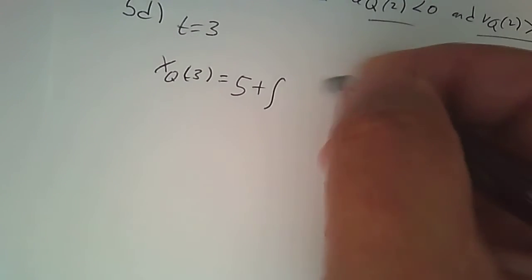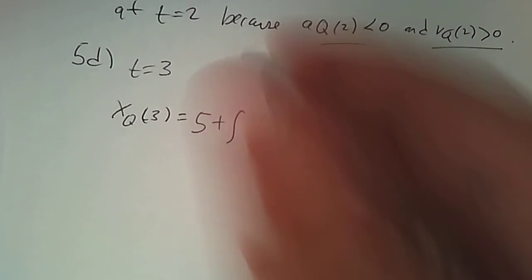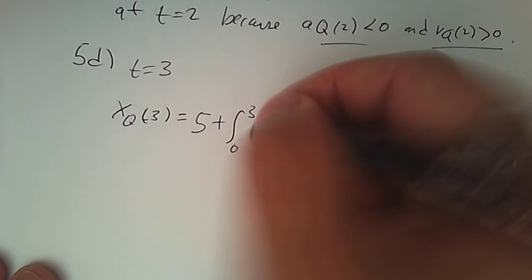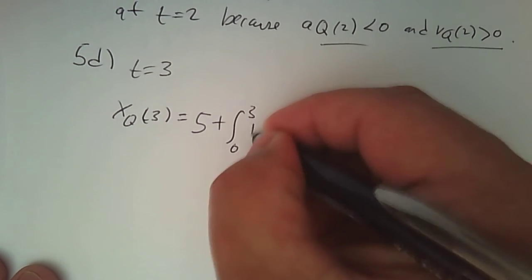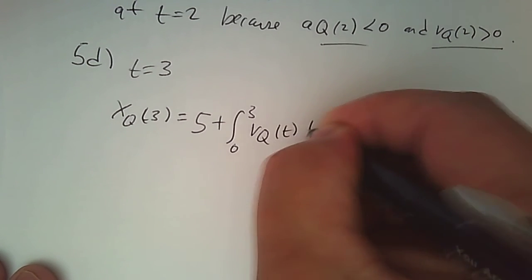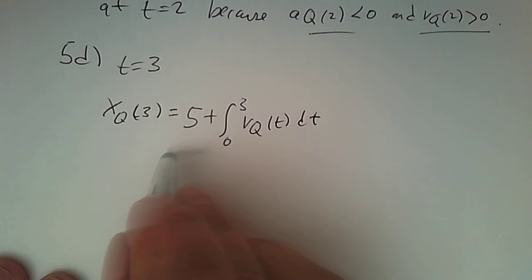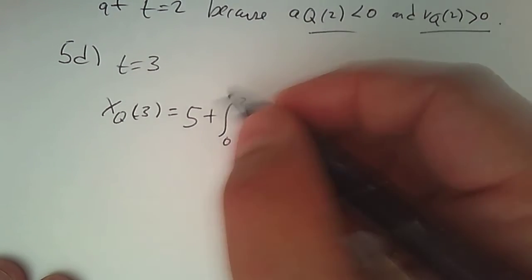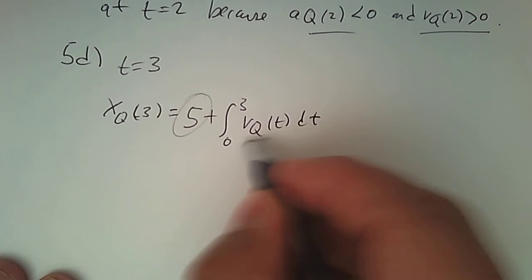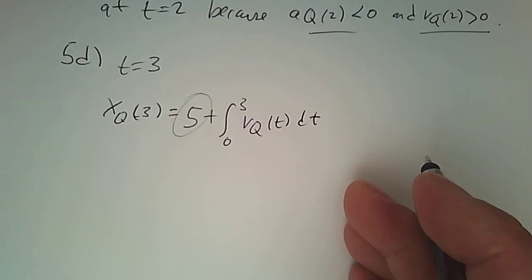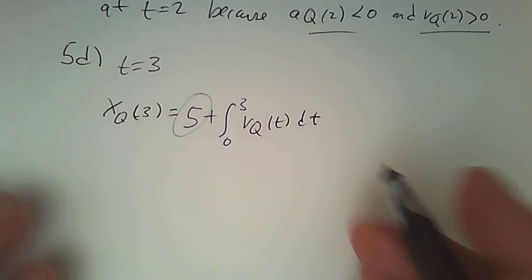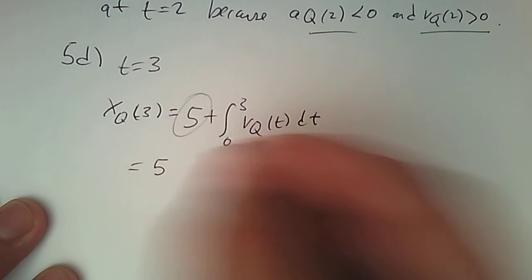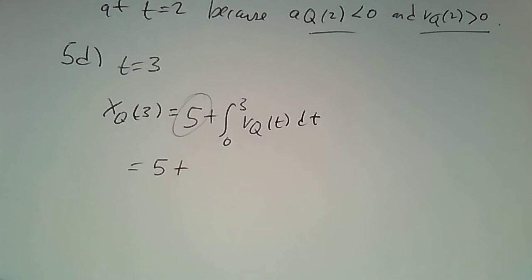And then we're going to integrate the velocity from 0 to 3, and that will tell me the position at 3. The integration of the velocity tells me whether it increased or decreased from 5 and how much, and that will give us the answer. So can you integrate the velocity?